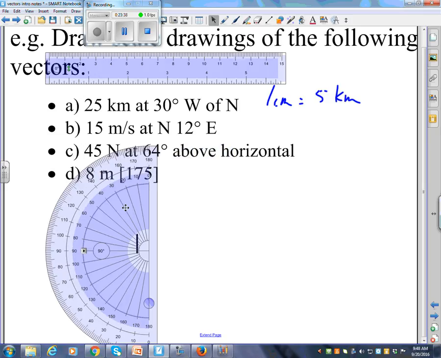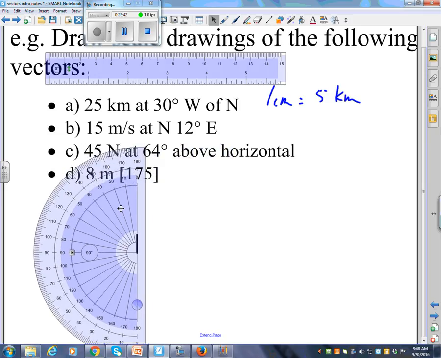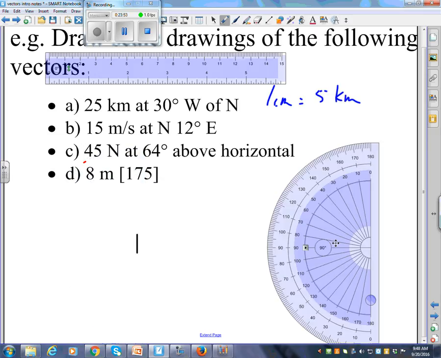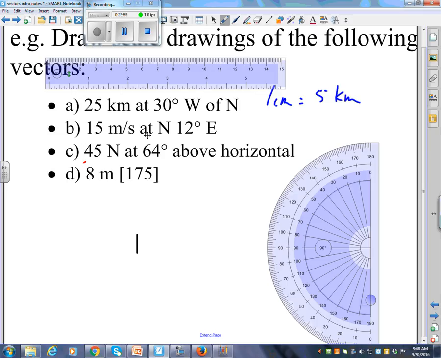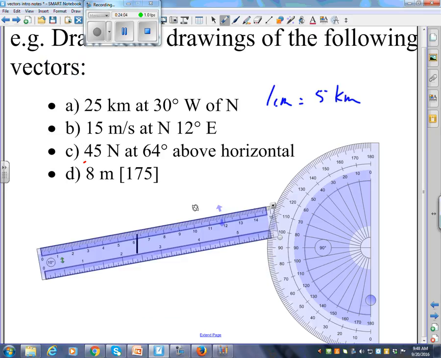Starting from the bottom of that line, you put the little crosshair right there, right? So I'm going to go to 30 degrees west of north, 10, 20, 30. Okay, hang on. I'm going to go 5 centimeters, right? See how much harder this is for me? Because I got to make this thing go like this.